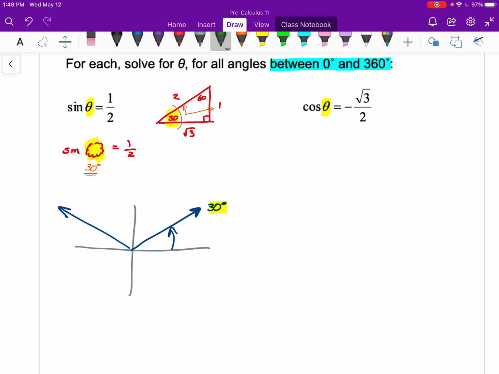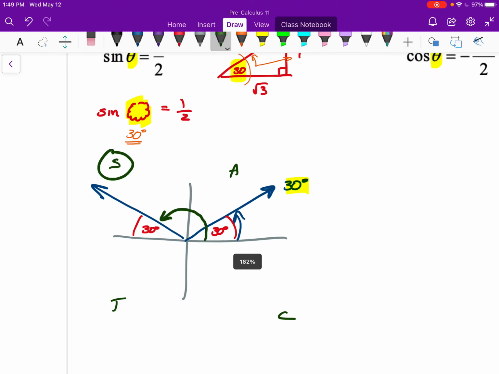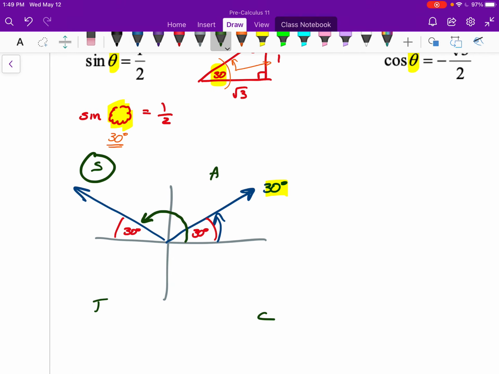Because if I think about my CAST rule, sine is positive in the second quadrant as well, which means sine will equal positive 1/2 somewhere in the second quadrant. And the position in the second quadrant will be a kind of reflection of what it is in the first quadrant. And so if I know that this reference angle is 30 degrees, I know this angle is 30 degrees. Which means now I can quickly figure out this possible angle right here. And that angle from there that I drew in green is 150 degrees.